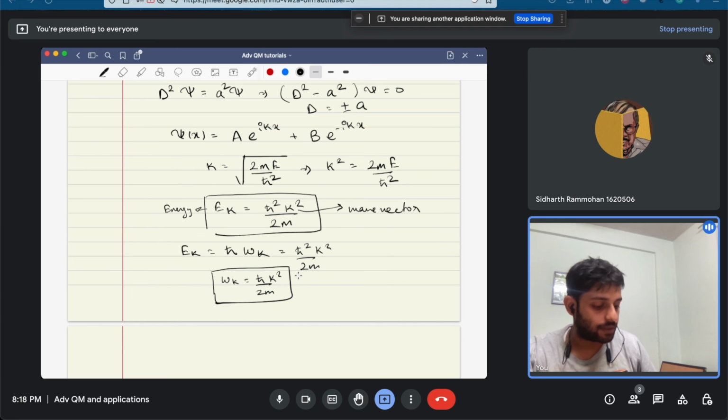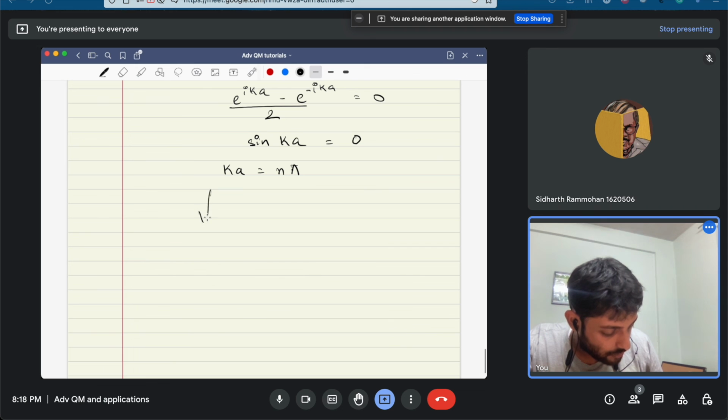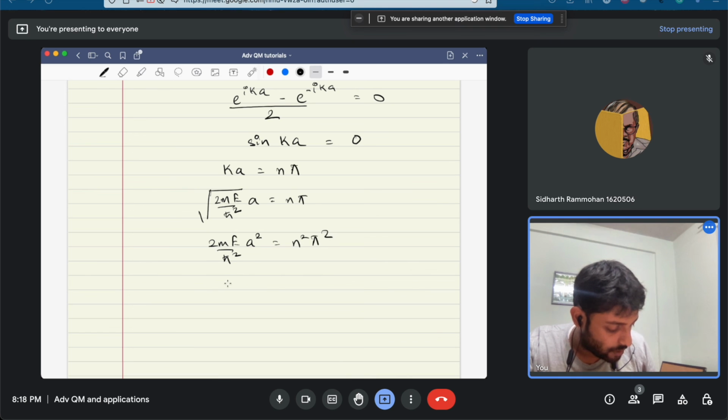Putting this here, we get root of 2mE by h bar square times A equal to n pi. So taking square on both sides, and we finally get the energy for a one dimensional potential box, E equal to h bar square pi square n square by 2mA square.